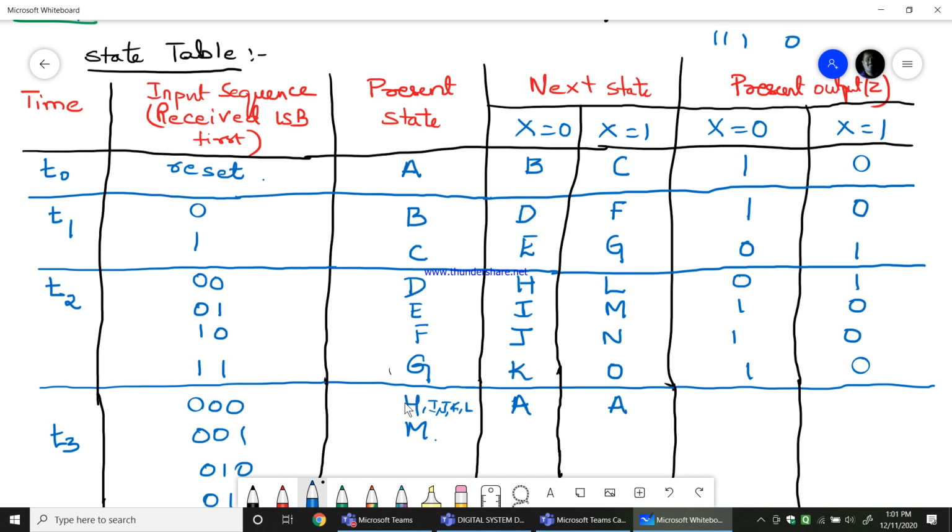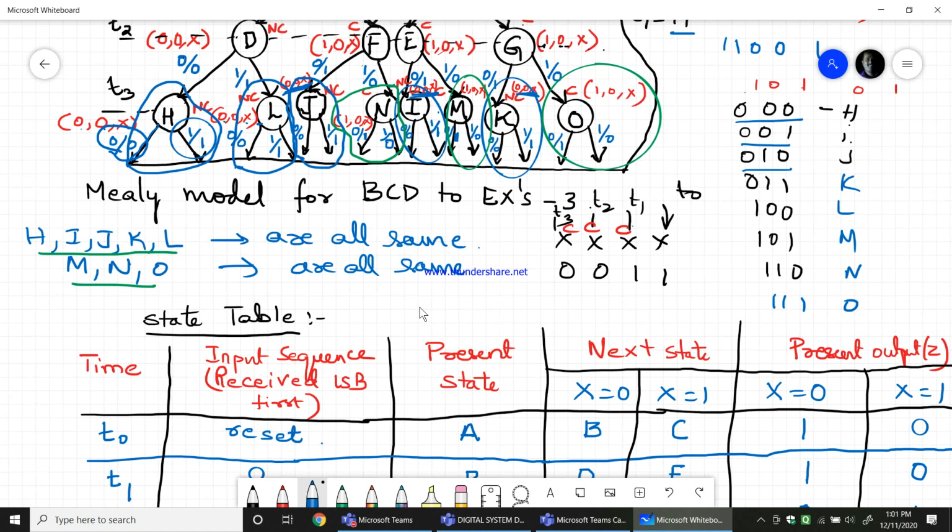Reason: no carry. Therefore the output would be 0 and 1, which we have got. 0 and 1 is the input, 0 and 1 is the output.